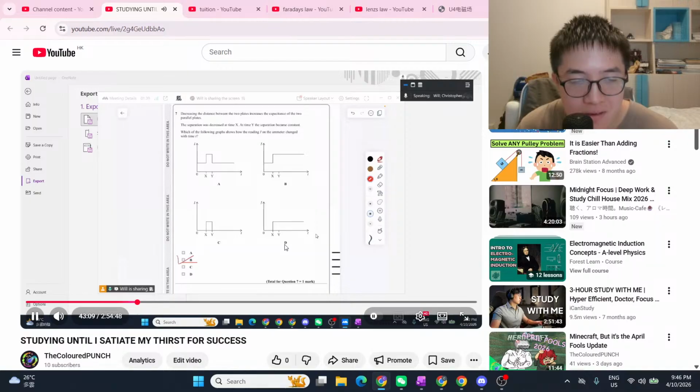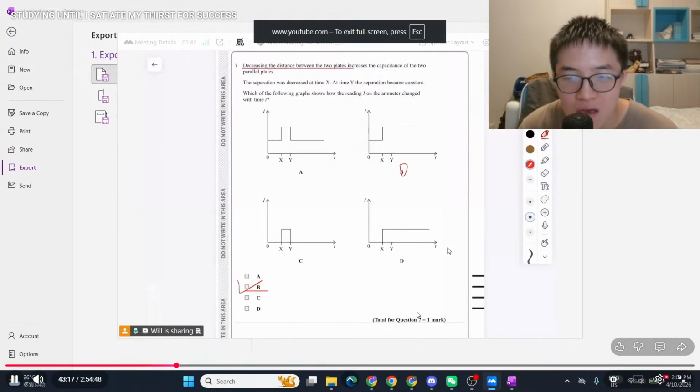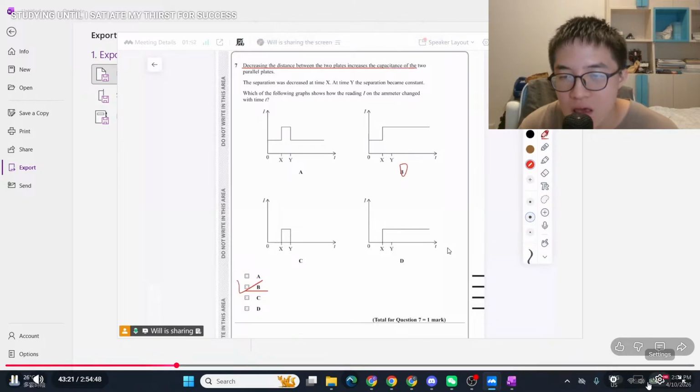The answer B is right. Why the B? The decrease in the distance between the two plates increases the capacitance of the two parallel plates.